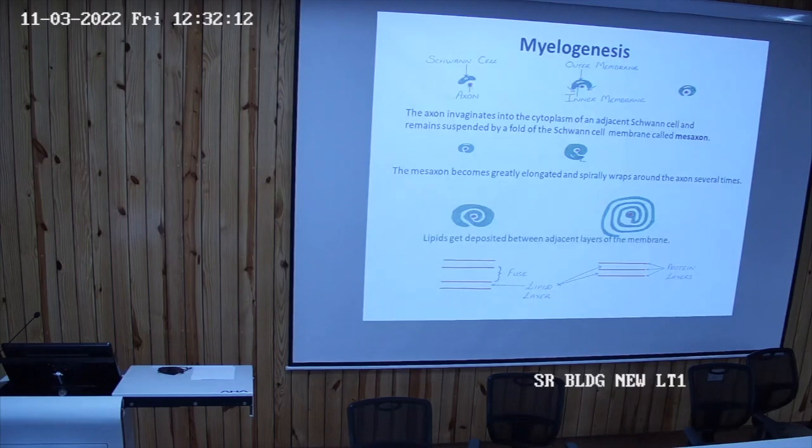The adjacent layers of the membrane start getting lipid deposition between them. So the lipid gets deposited between the adjacent layers of the membrane, and a thin layer of Schwann cell cytoplasm forms. And on the outermost side, another layer comes, which is called the layer.